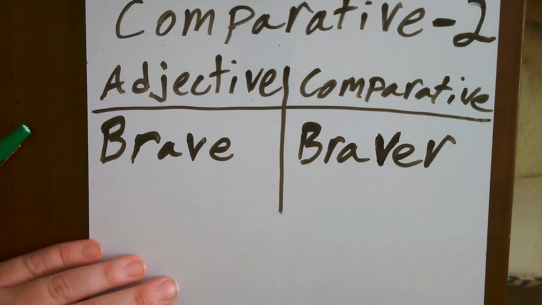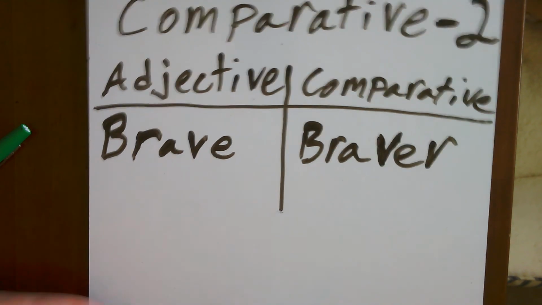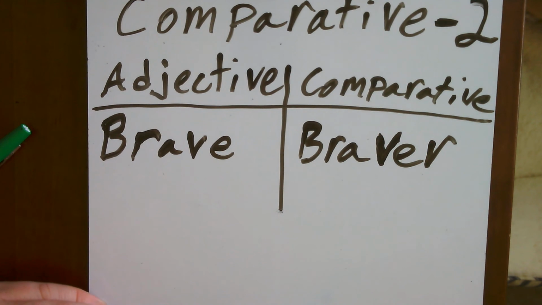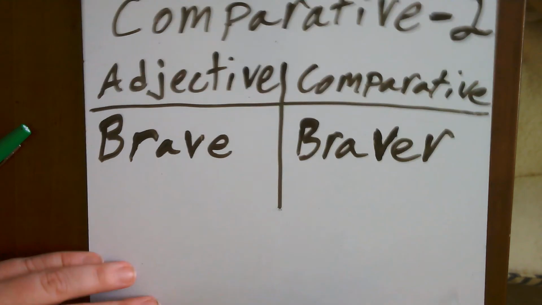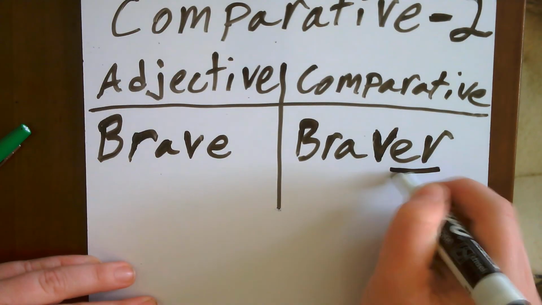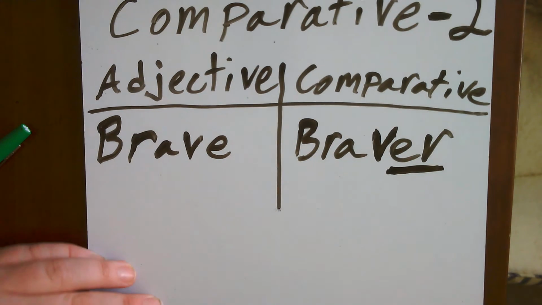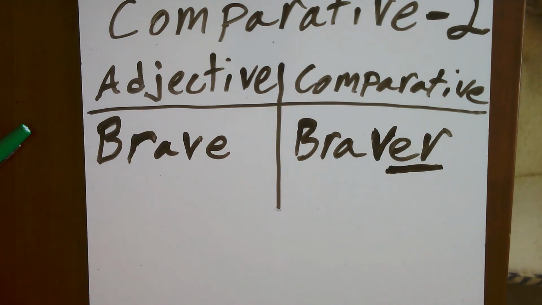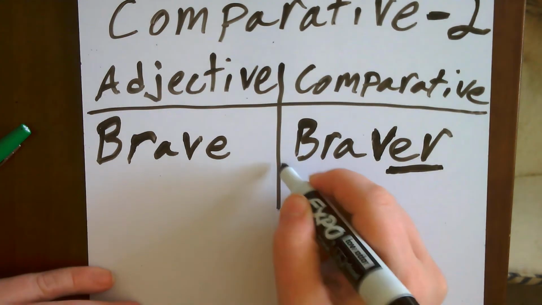Not actually true, but oh well. Briar is braver than Luca. I would use an ER at the end to show that he is braver. He is more brave than Luca. Okay?